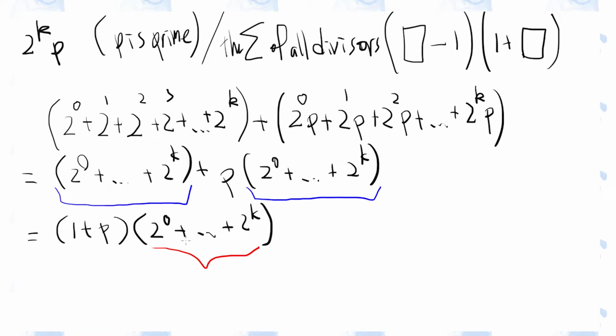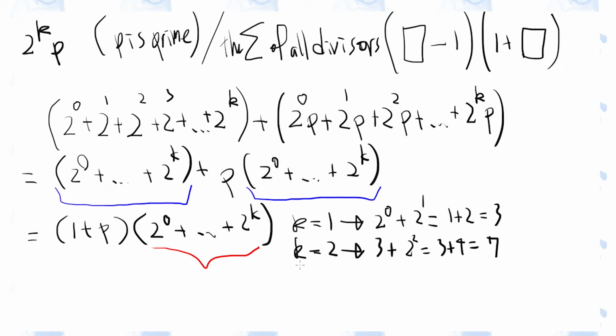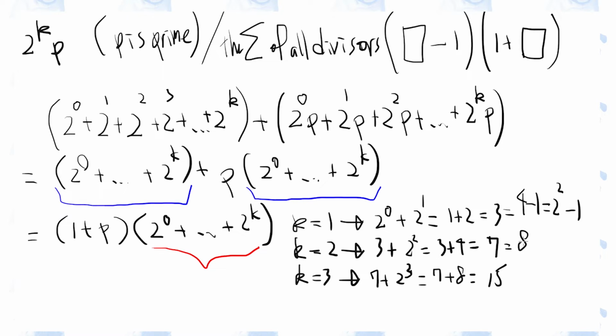Next, let's try to simplify this portion. When k is 1, 2, when k is 2, when k is 3, 3 is 4 minus 1, which is 2 squared minus 1, and 7 is 8 minus 1, which is 2 cubed minus 1, and 15 is 16 minus 1, which is 2 raised to the 4th power minus 1.